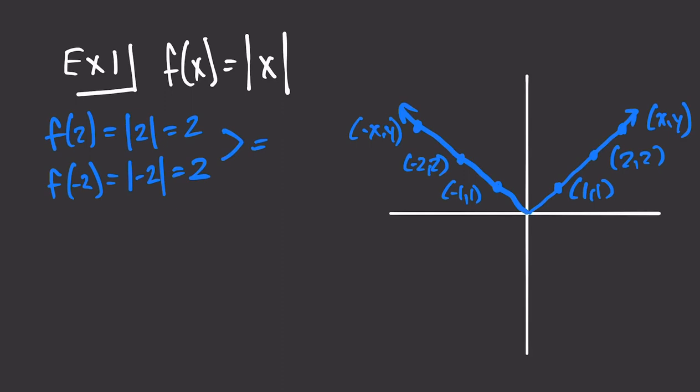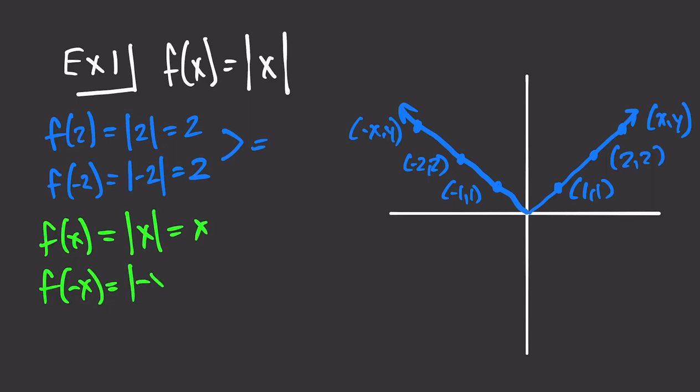So it seems that if you plug in a number and its opposite and they're equal, then that makes a function even. Now, this works for 2, but I don't want to do this an infinite number of times to prove it. So we have to plug in variables. I need to evaluate f of x and f of negative x. You plug in an x, the absolute value of x is x.